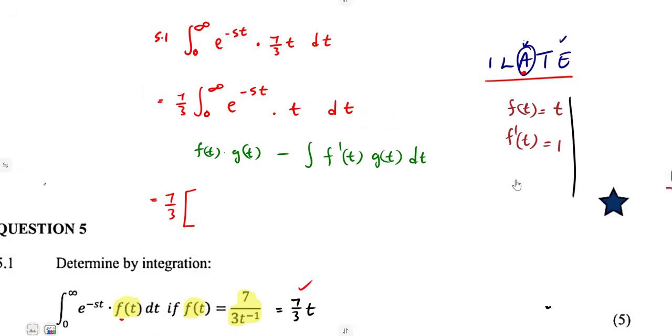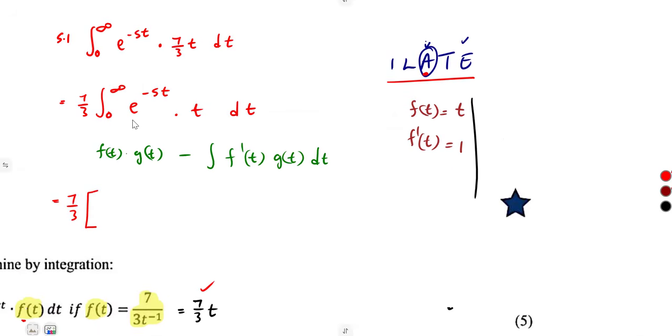Then the remaining part is g prime t dt, which is e to the exponent of minus st. You integrate this to obtain g of t.